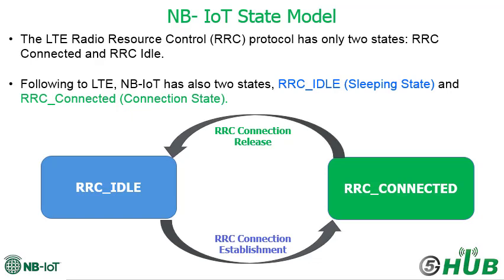In narrowband IoT, like in LTE, whenever a device wishes to transmit new data and doesn't have any active connection with the network, it needs to follow the connection establishment procedure, and this procedure is made up of the random access procedure and the attach procedure.